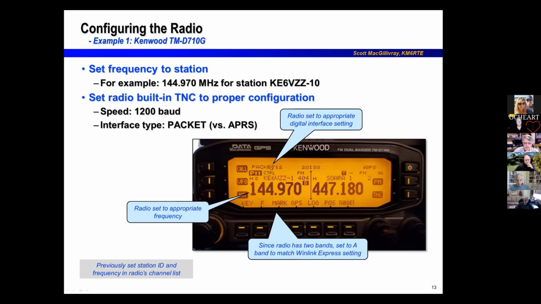It just means packet, because the other option it toggles between is APRS. So it knows that it's 1200 baud, and it's not an APRS piece of information coming through. And also that because I selected channel A, which is the left side of the radio here, the push to talk button is activated on channel A.